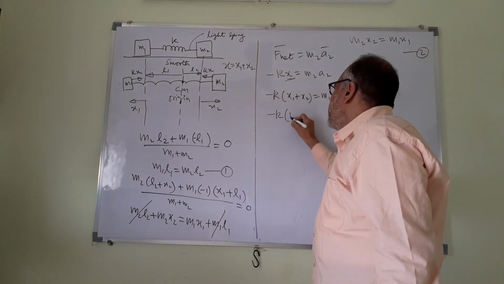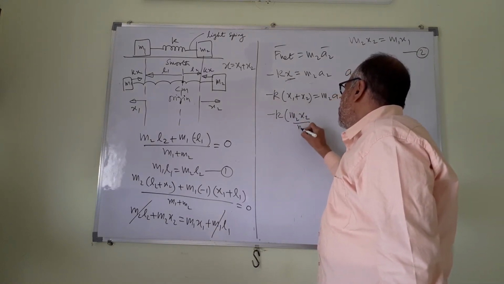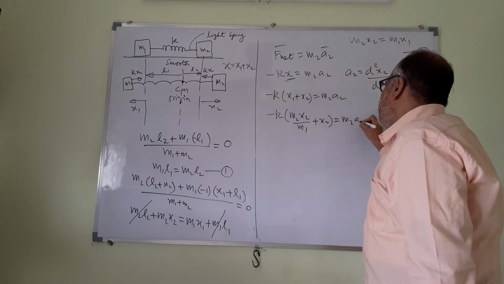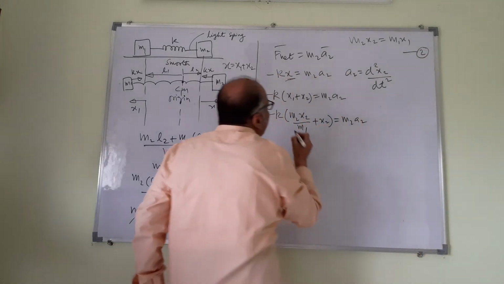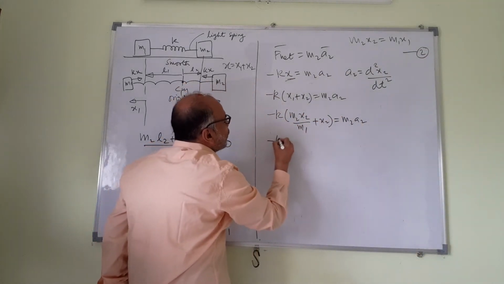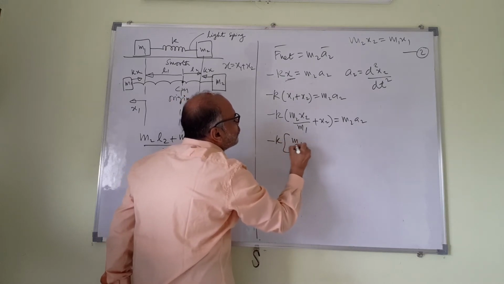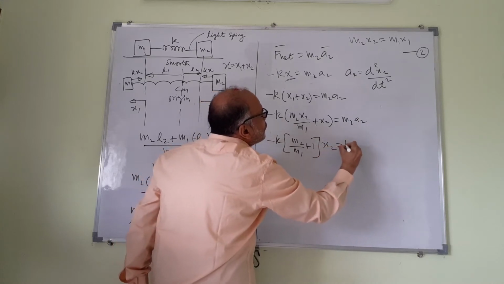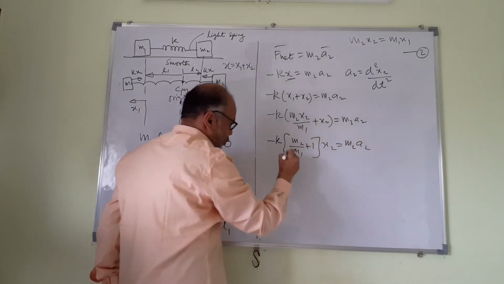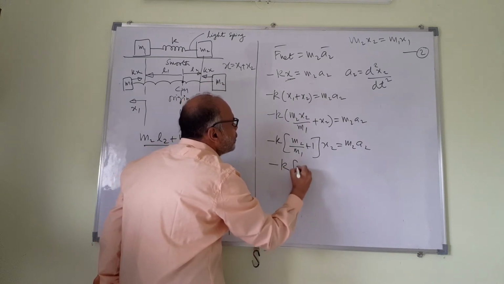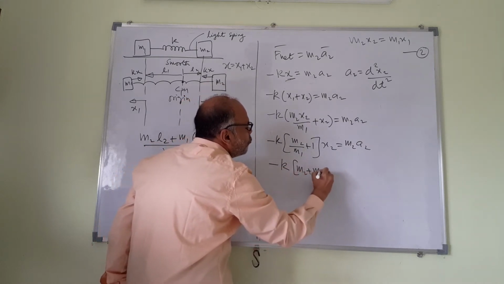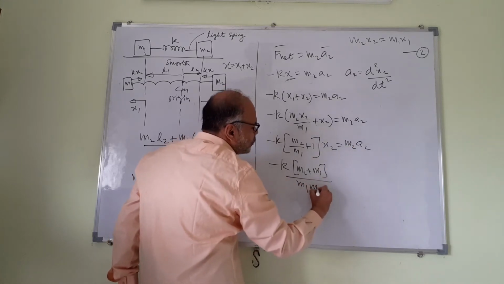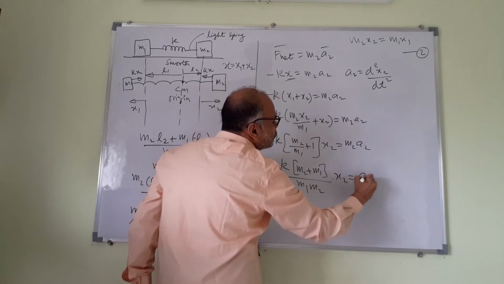So I can write it as minus k into M2x2 by M1 plus x2 is equal to M2A2. So x2 is common. I will take that out. So I get minus k M2 by M1 plus 1 into x2 is equal to M2A2. So if I simplify this, I will get minus k into M2 plus M1 by M1, I can get this M2 in the denominator here, into x2 equal to A2.